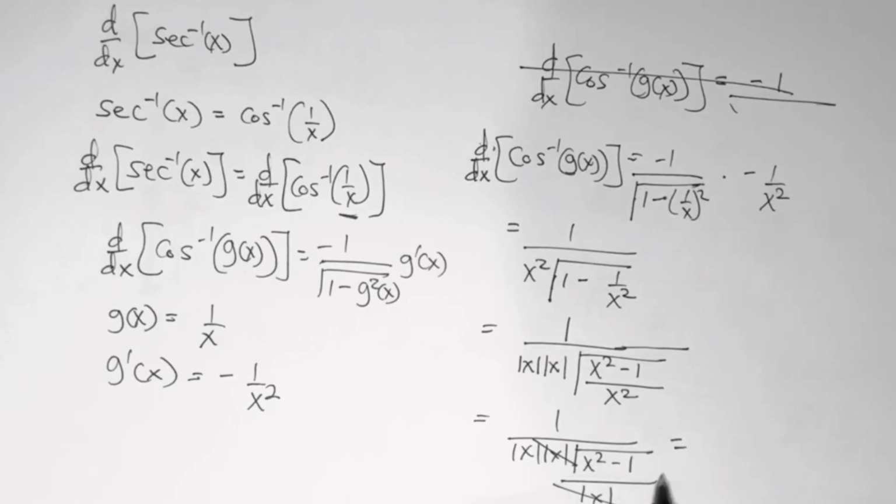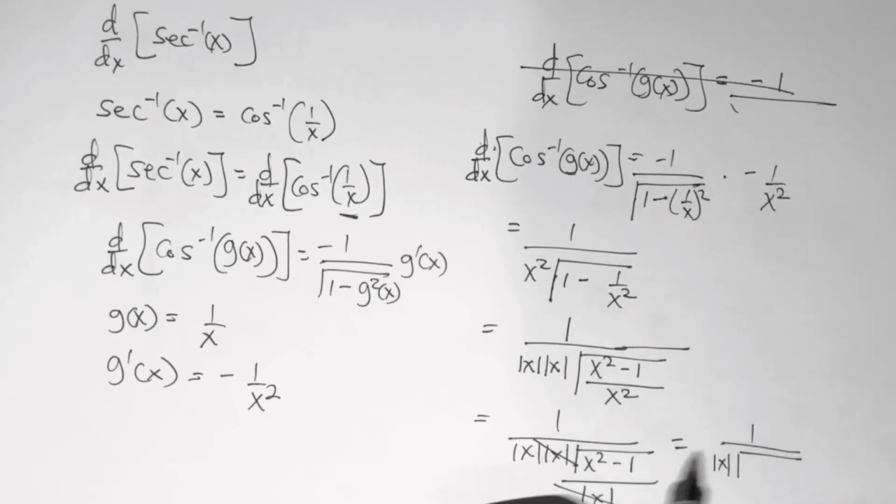So at the end of the day, this will be equal to 1 divided by absolute value of x times square root of x squared minus 1.